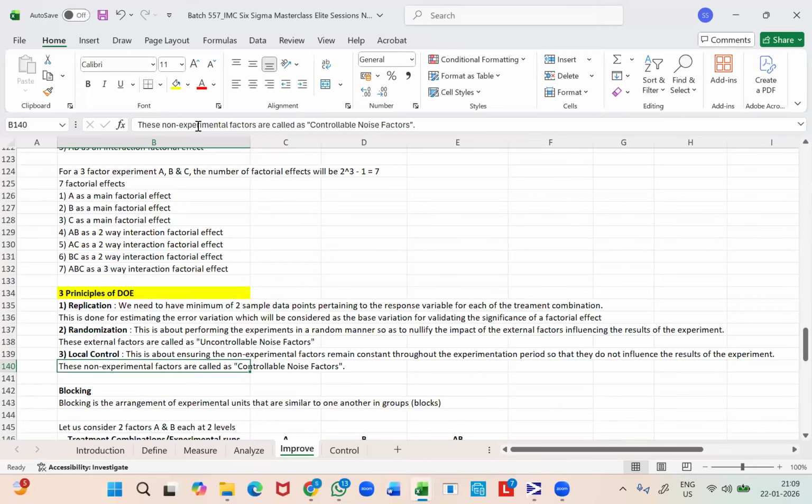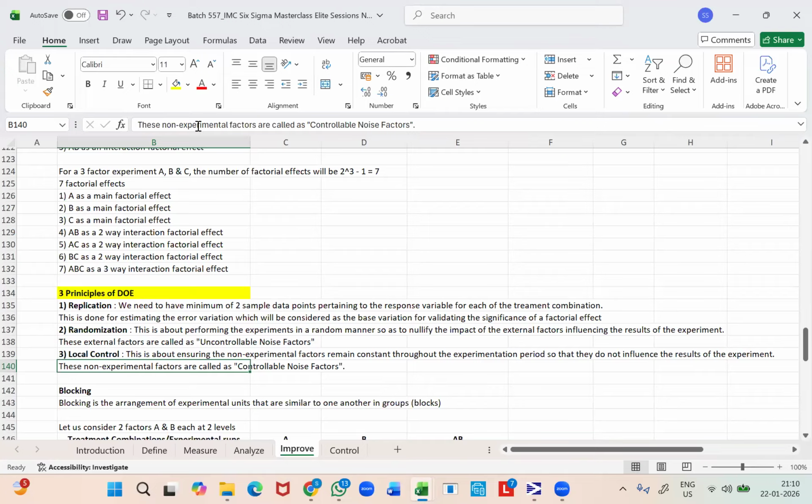While the external factors will be called uncontrollable noise factors, because we will not have any control over them, right? And all these non-experimental factors, whether it is an external factor or the factors that you are considering for the preparation of the output, will be called noise factors, right?